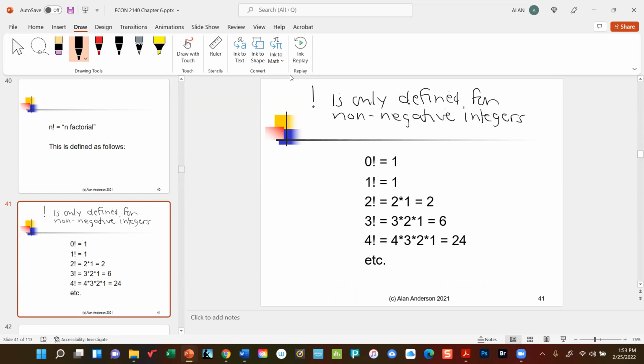So how does it work? Well, the first two are easy. 0 factorial is 1. 1 factorial is 1. Then it gets interesting. 2 factorial, look at that. 2 times 1, which is 2. 3 factorial, which is 3 times 2 times 1, which is 6. 4 factorial, 4 times 3 times 2 times 1, 24. And so you kind of get the idea now. For example, 5 factorial would be 5 times 4 times 3 times 2 times 1.